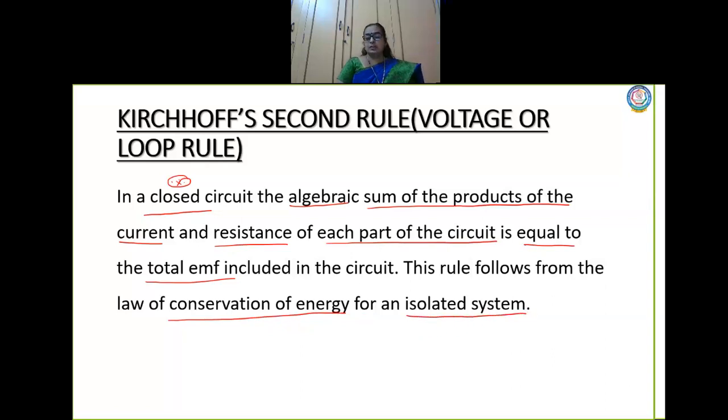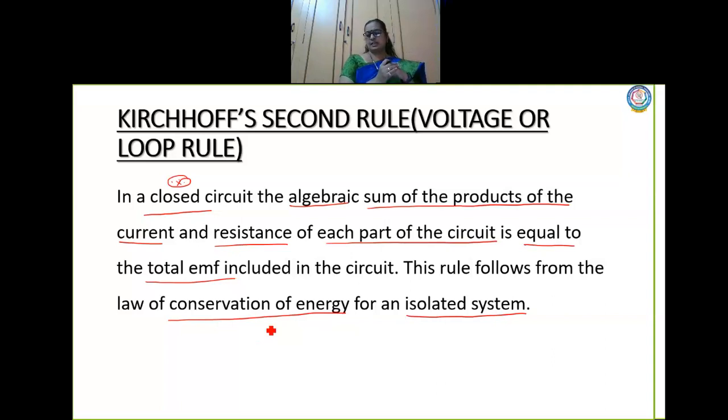Now, in order to understand this, I am going to do some problems. I am going to have some circuit diagrams which are complicated, and I'm going to apply this algebraic sum of product of current and resistance. So let us consider a circuit where you have many resistors and many cells. In that case, the sum of the product of current and resistance is equal to the EMF included in the circuit.